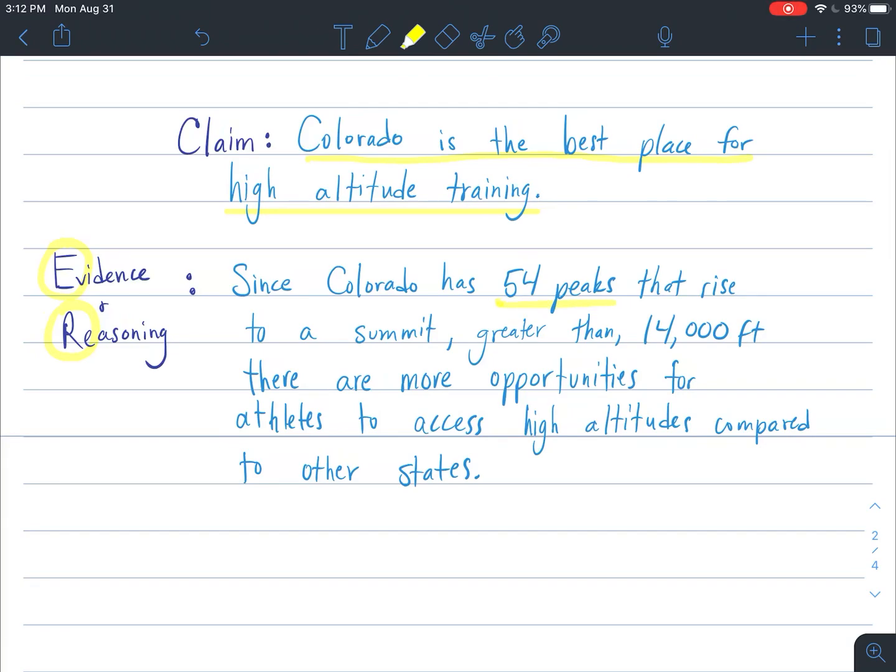So it has 54 peaks that rise to a summit greater than 14,000 feet. So there's some more quantitative data, that there are 54 peaks that are greater than 14,000 feet. So since Colorado has 54 peaks that rise to a summit greater than 14,000 feet, there are more opportunities for athletes to access high altitudes compared to other states.